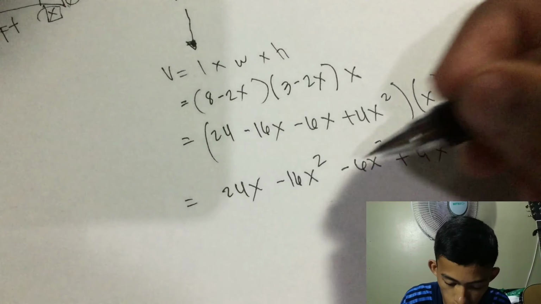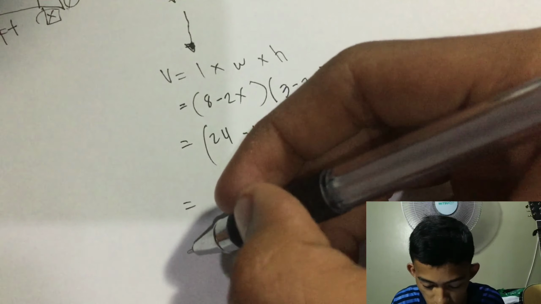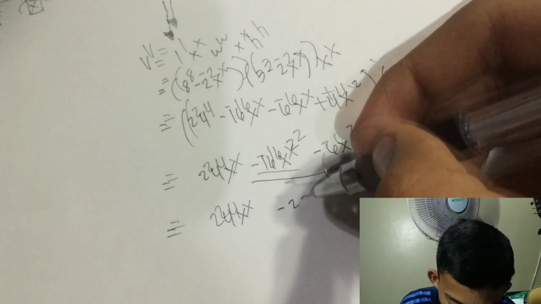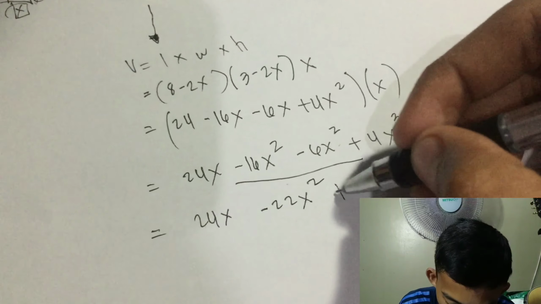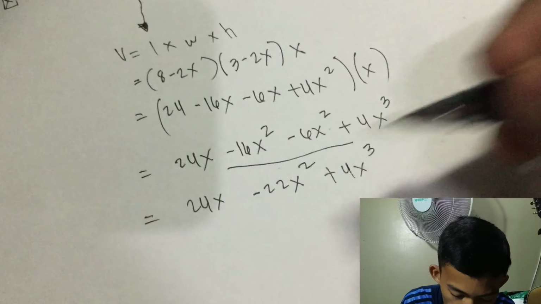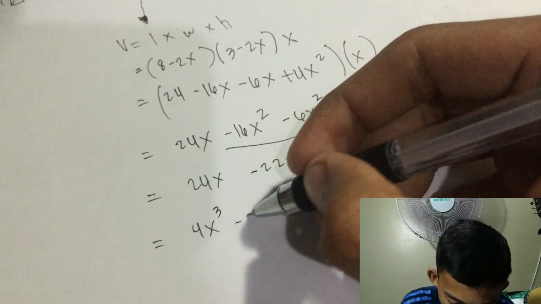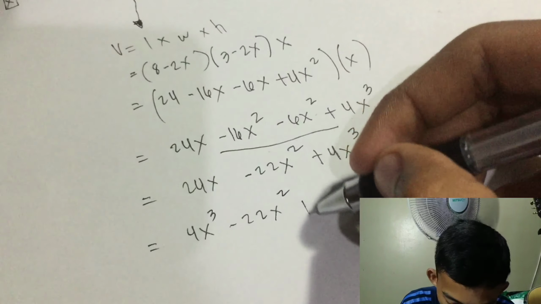And then we combine the like terms, so 24x, negative 22x squared, plus 4x cubed, and then arrange: 4x cubed minus 22x squared plus 24x.